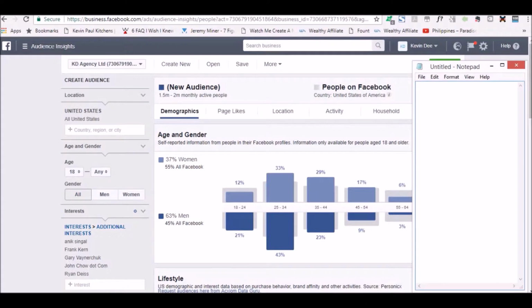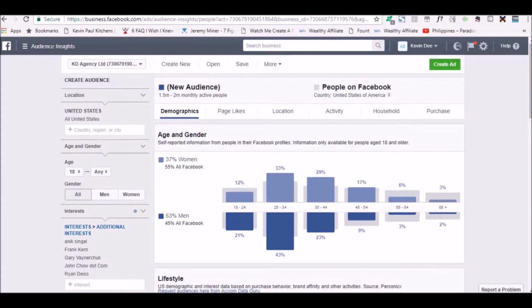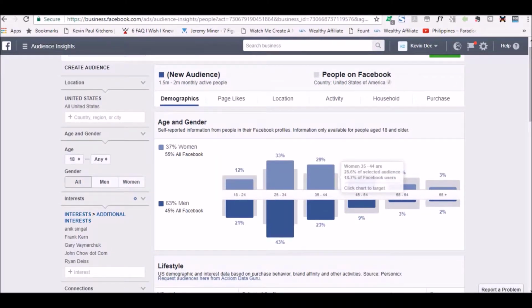So first and foremost, we're going to look at age and gender. Remember I said we didn't want to plug in an age and gender here because we wanted Facebook to give us that information based on interest selections. So here we can see that 63% of this audience, based on these interests over here, is male.